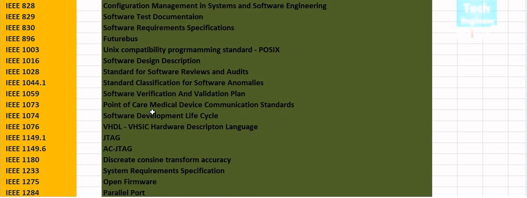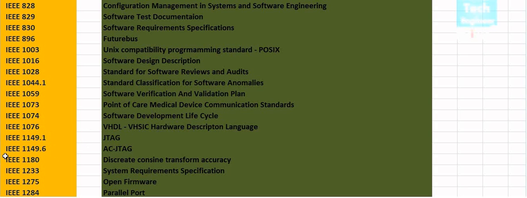And so now the next level is IEEE 1076, which is VHDL, the VHSIC hardware description language. IEEE 1149.1 is JTAG.